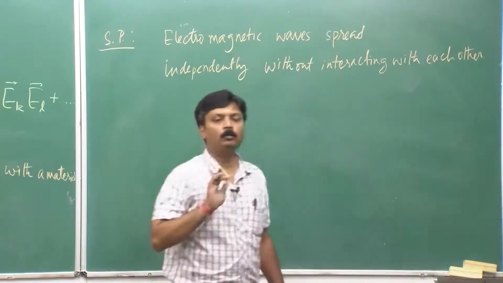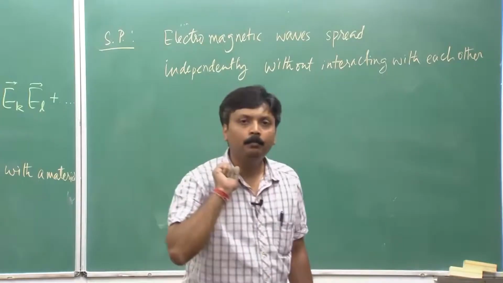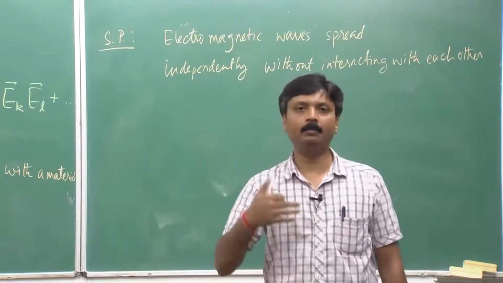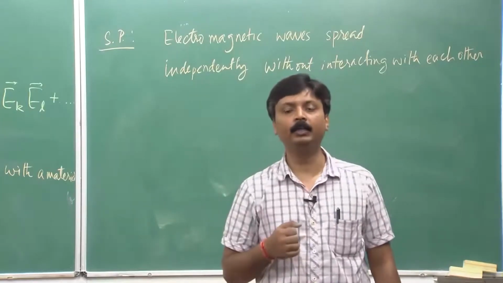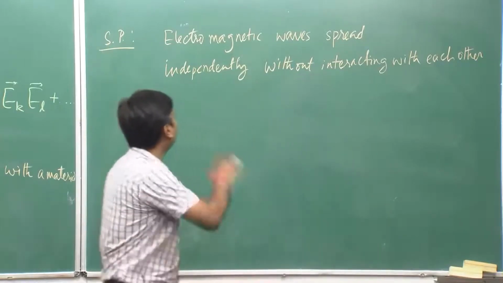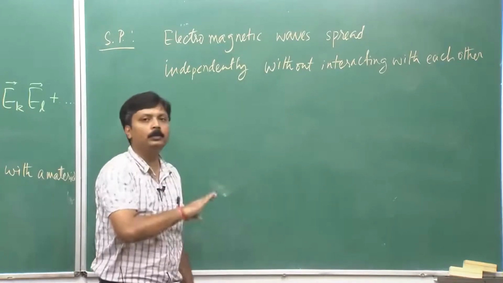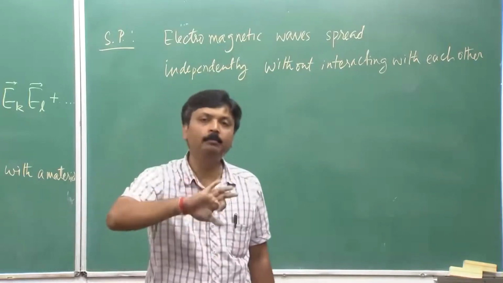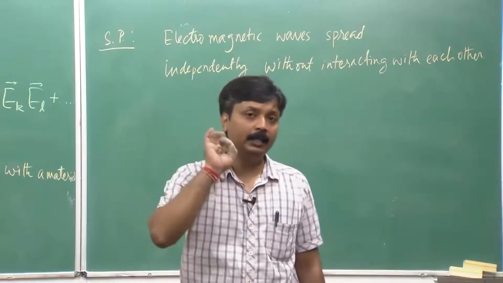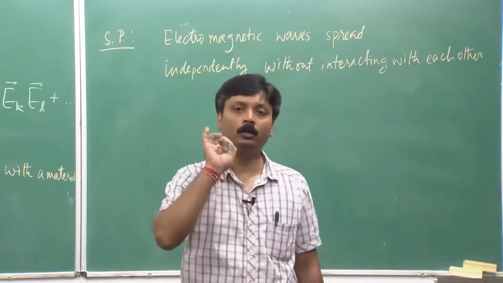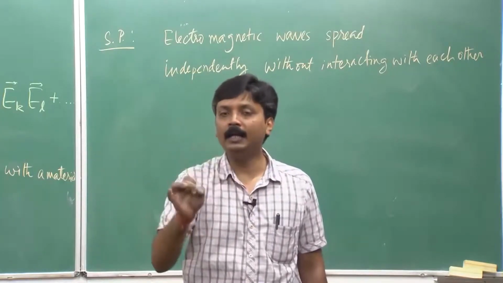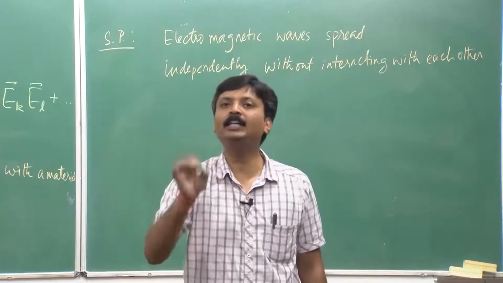So, what does it mean? It means if I put light through the material, and if I put several such lights having several different electric fields having low field strength, in that case it will follow the superposition principle, and all these waves will interact with the material independent of each other, and each wave will not talk to another wave. So, there is no interaction between these waves, no mixing of waves.